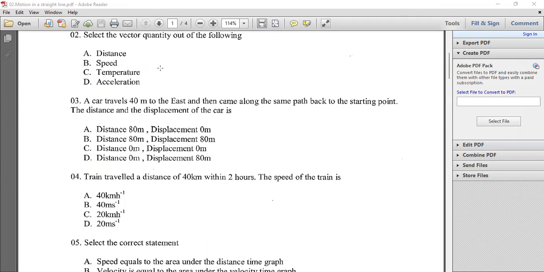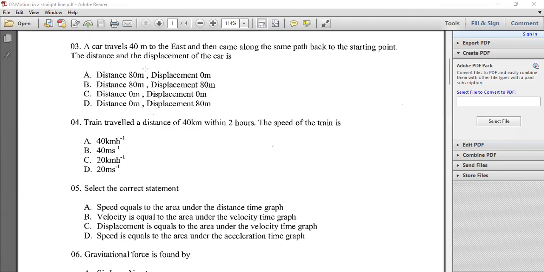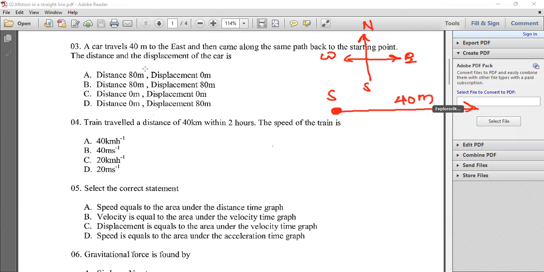So then the next question says the object is traveling to east. Okay, so let's mark this is north, this is south, this is east, and this is west. From a starting point, let's say this is the starting point, the object travels 40 meters towards east, and it says that the object comes back along the same pathway to the starting point.